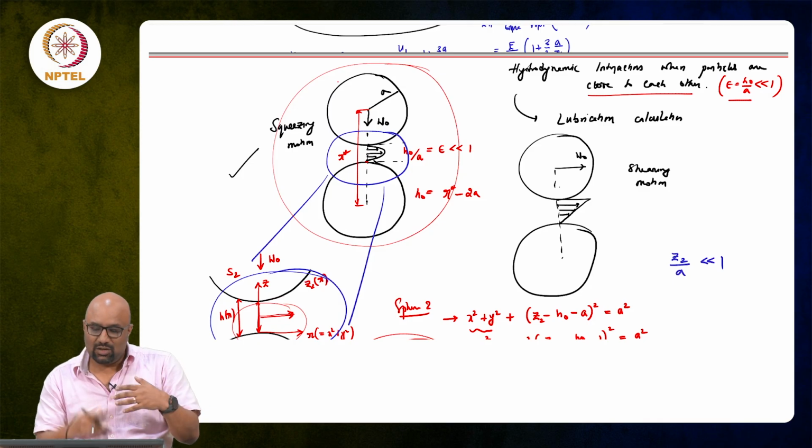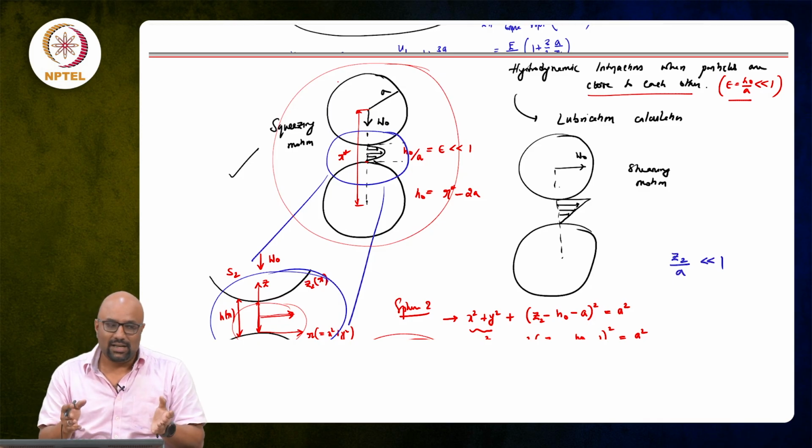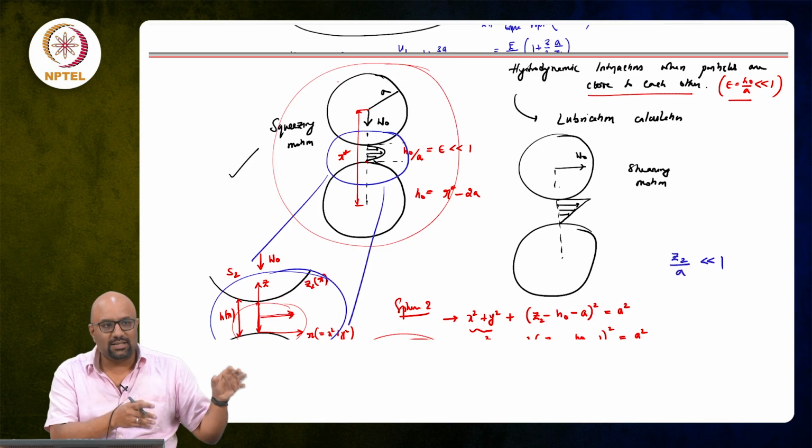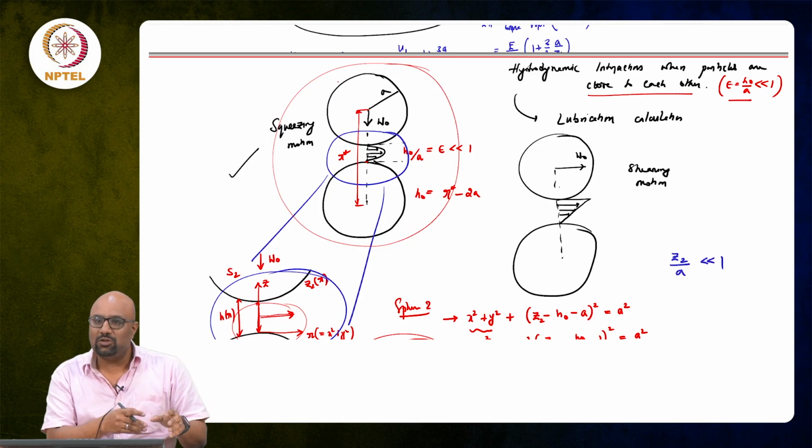Once you get these ideas clear, then the subsequent part, as I have said in other contexts also, is a lot of algebra, but you will not be able to proceed with the algebra if you are not convinced about the argument. Why should the radial scale be square root epsilon a, if the vertical scale is epsilon a?